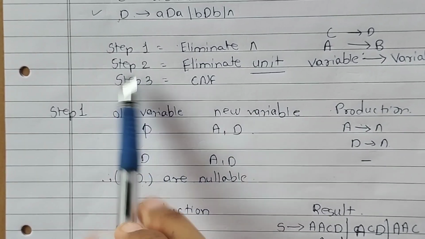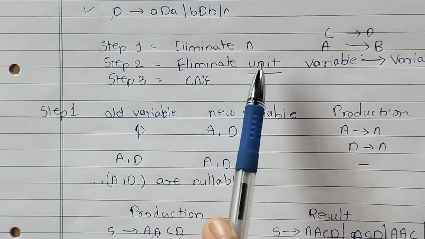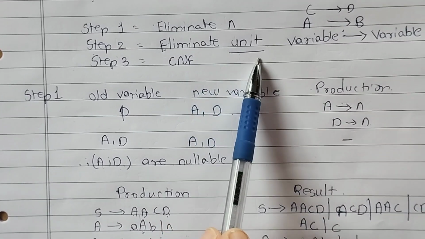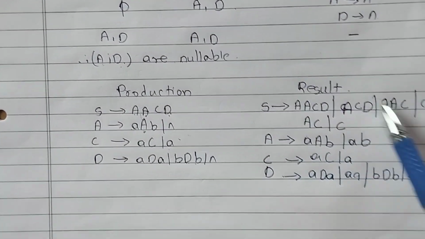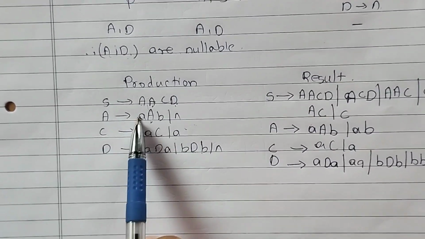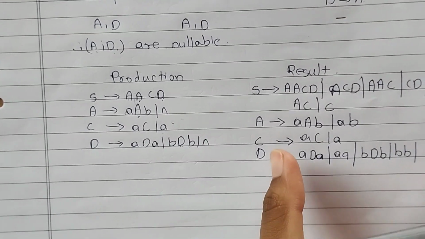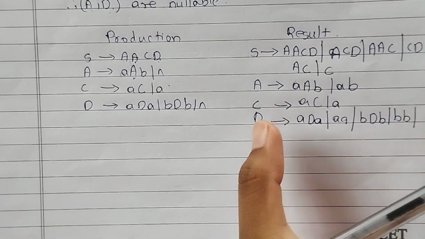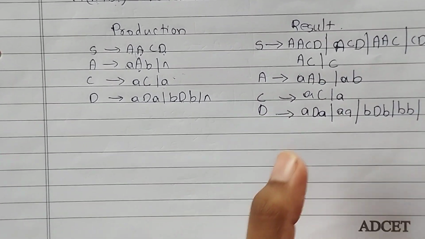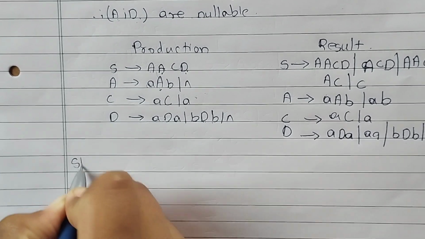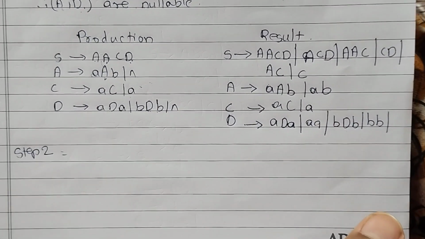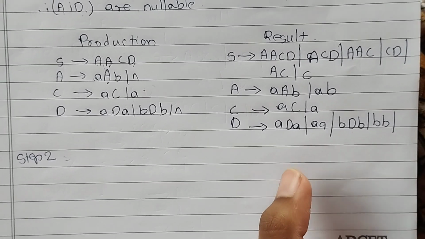Now step number 2, where we eliminate the unit. For this elimination of the unit, consider this production, not the initial question. Now this is our new production. So from this production we eliminate the unit values. So in step number 2, from this result we see which variable produces a unit, meaning a single variable.